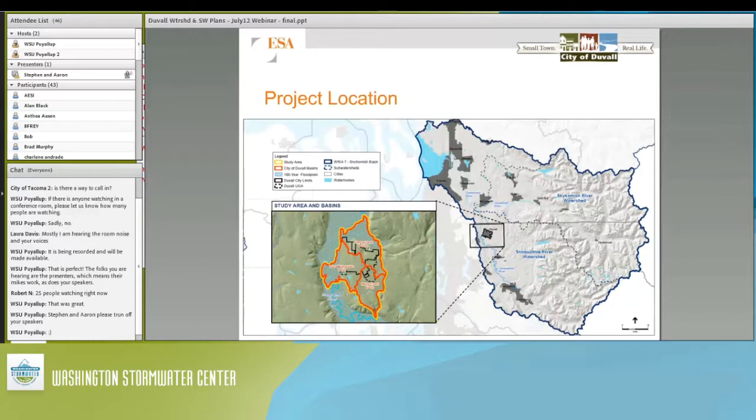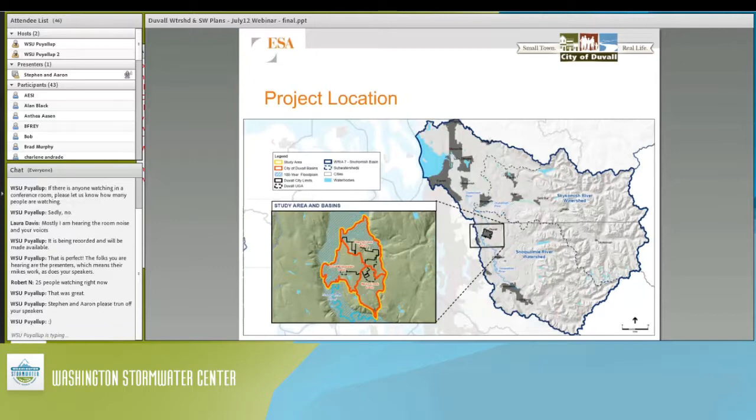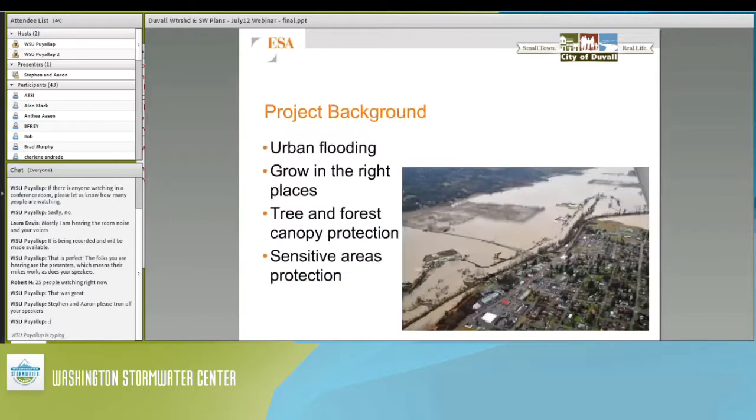Cherry Creek on the northern edge, a couple of different tributary basins called the Duval tributaries draining directly down to the Snoqualmie River along the western side of the city and taking up the majority of city limits. And then Weiss Creek, which is a basin that overlaps the city and UGA areas on the southeastern portion of the city and drains south into the Snoqualmie River.